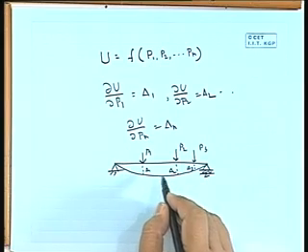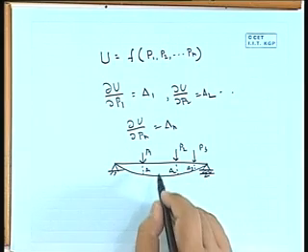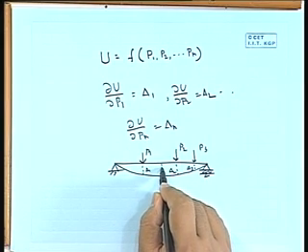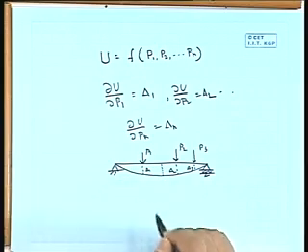Now, there might be a question: at the middle there is no load and we want to get the deflection here. Is the theory valid there? Should I apply this? Definitely we can apply. Here we have to put a load, say Pc at the center, and we will apply this theorem.